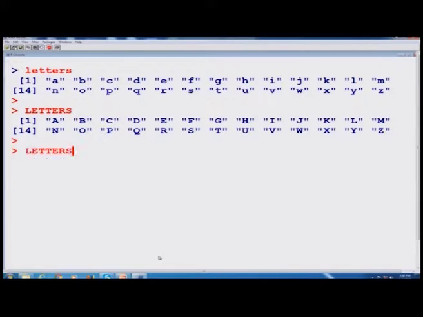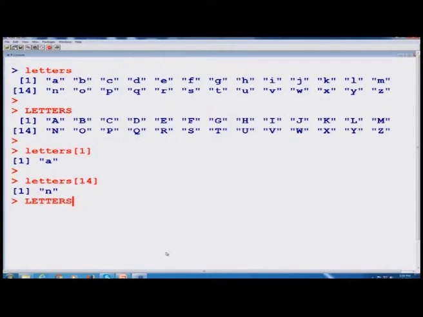Now, suppose I want to see what is there in the first position. I can say here letters at position number 1 and I get here A. Similarly, if I write down here what is the letter at position number 14, I get here small n.